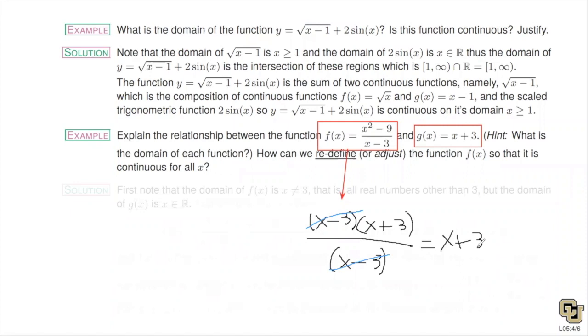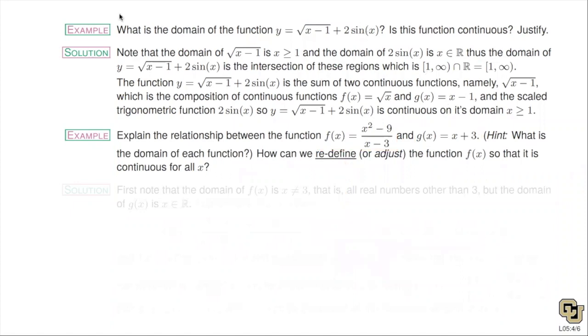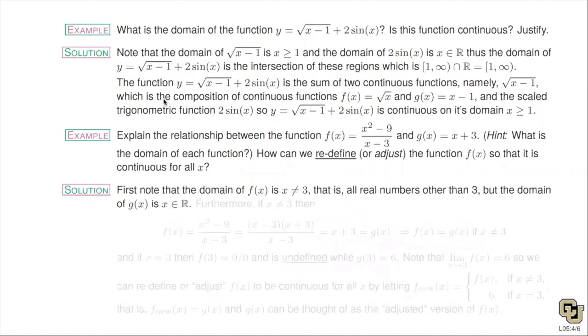x squared minus 9 over x minus 3 and x plus 3 are actually different functions. Let me get into the discussion of how we talk about that. First of all, I would look at the domain. We know that the denominator can never be 0. So right off the bat, there's a domain restriction on f of x that is not true for g of x.